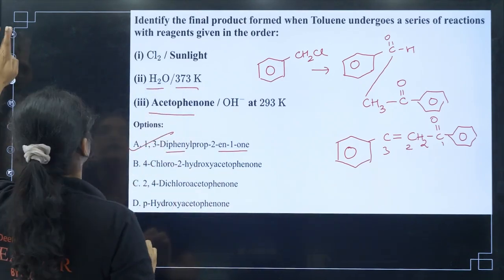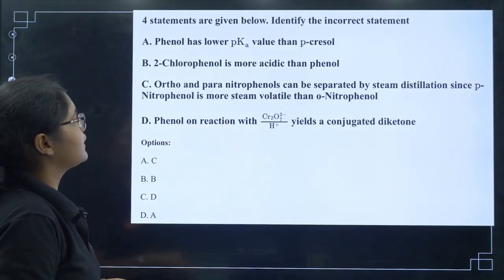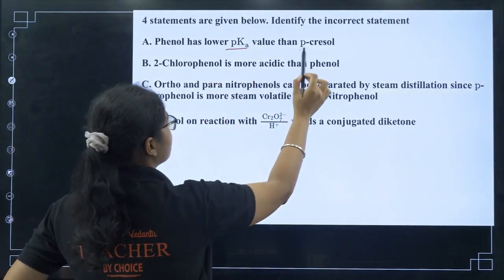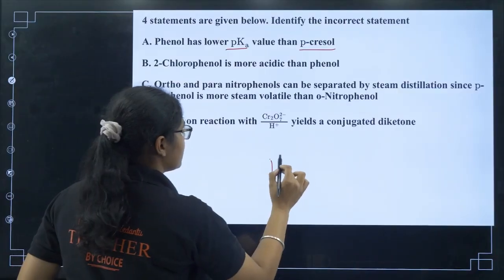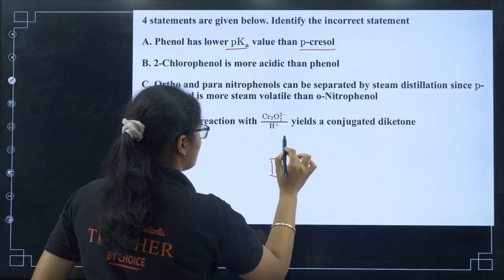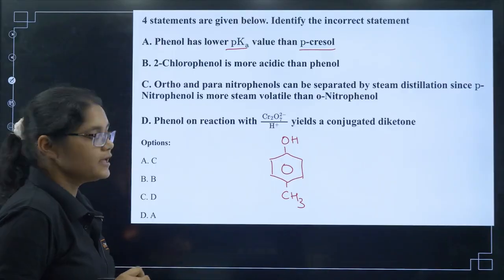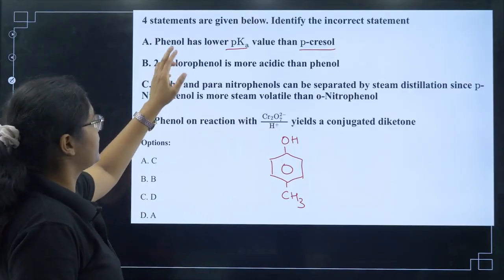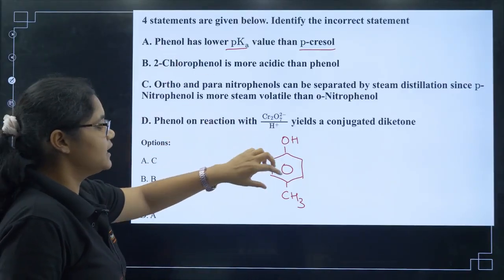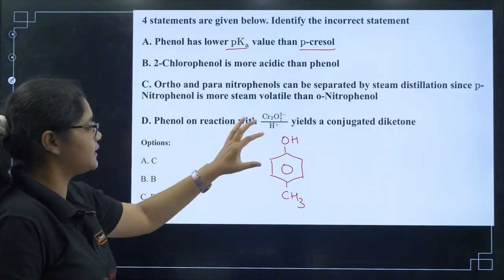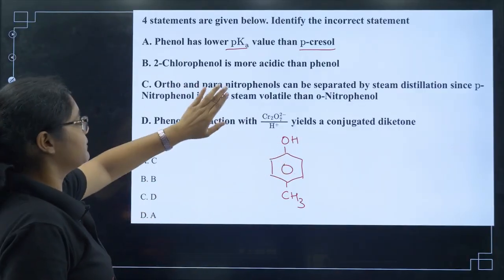Option number A here. Next, identify the incorrect statement. Phenol has lower pKa value than paracresol. So paracresol is this one, OH and CH3. Phenol has the lower pKa value, meaning CH3 is present here, so paracresol is less acidic and phenol will be more acidic. Why?